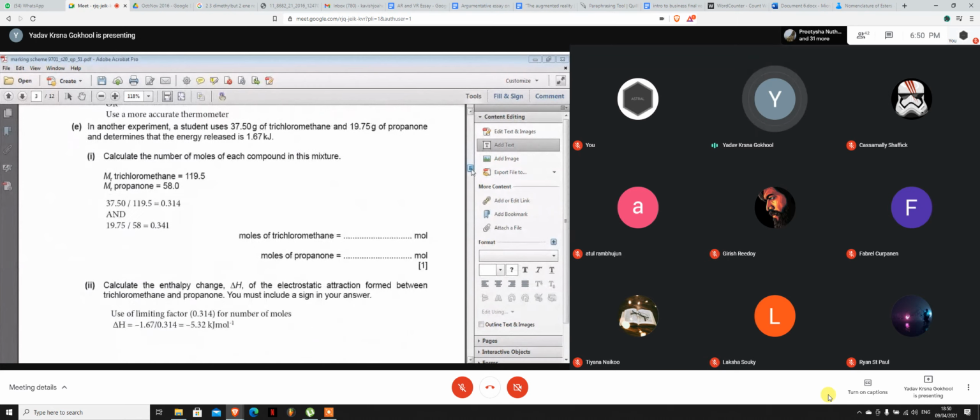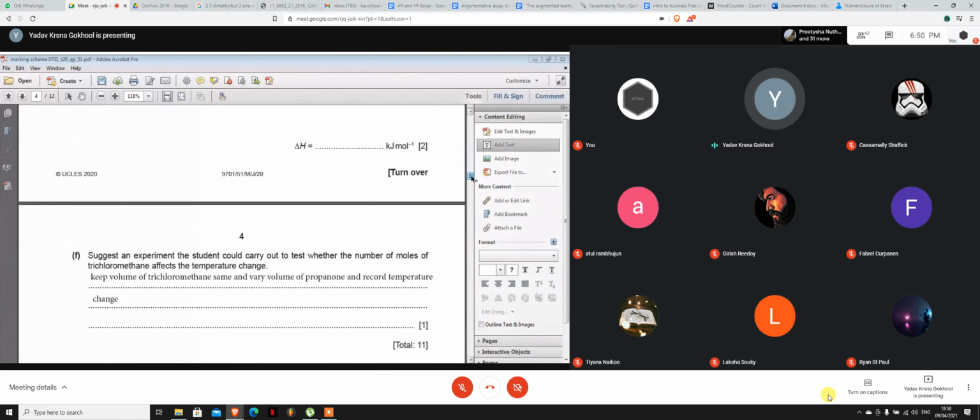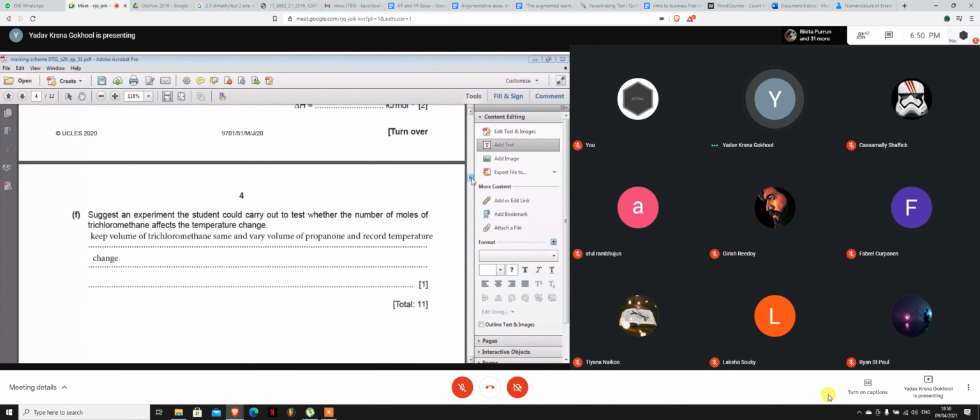I hope the number of moles is okay, the delta H is okay, all right? Suggest an experiment where the student shows how the amount affects the temperature change. So here, trichloromethane becomes the independent variable.